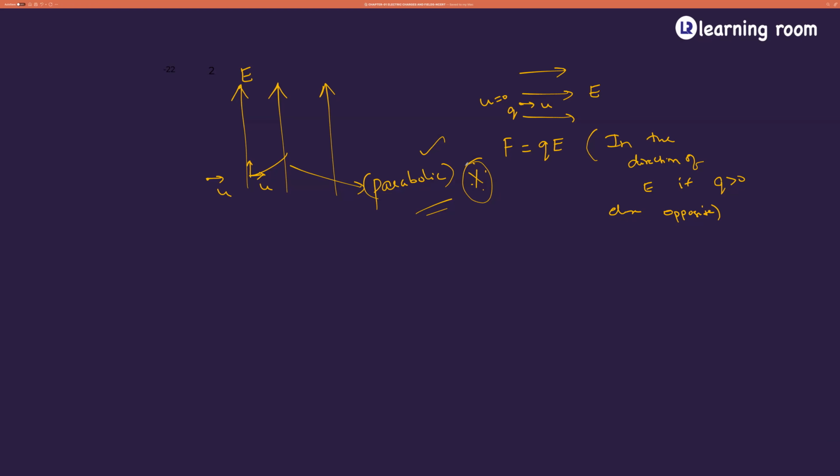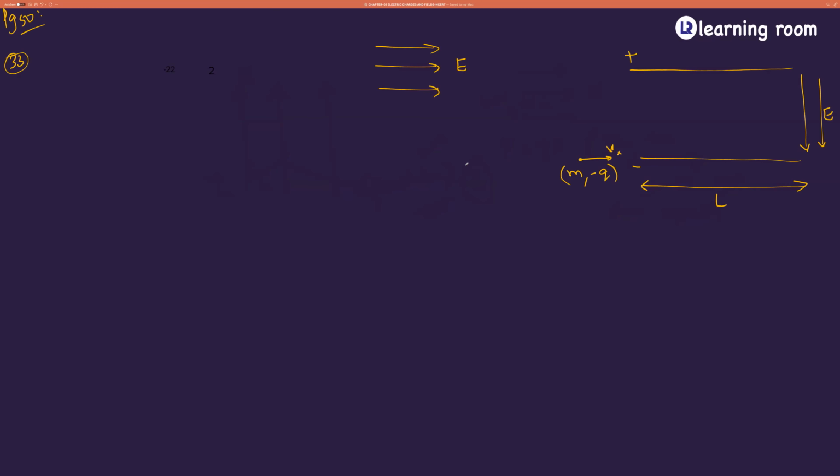Clear with this? Right. Now, what do we have to do with this problem? If you observe, you have a negatively charged particle, and the electric field is from the positive to the negative terminal. As soon as it enters the electric field exactly perpendicular to it, what will be the path it will take?